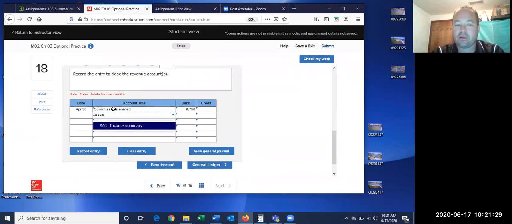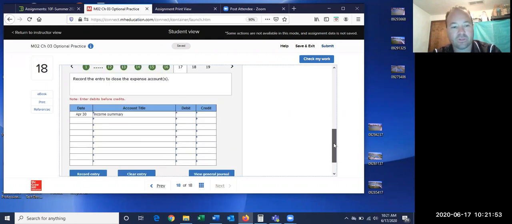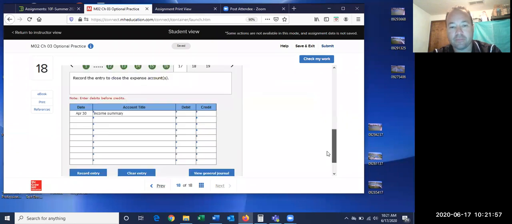And then put in our income summary as a credit for $97.50. And record that entry. I know that all of my expenses are going to be credited because right now they have debit balances. So I'm going to debit my income summary.